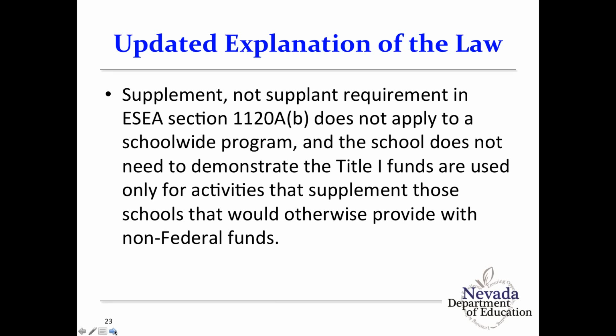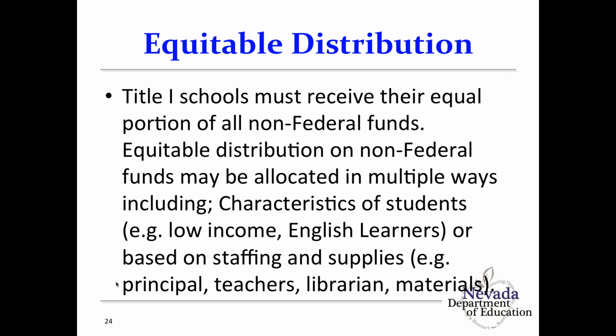So the next slide is about the equitable distribution of funds. Just to make that clear, Title I schools must receive their equal portion of all non-federal funds. Equitable distribution of non-federal funds may be allocated in multiple ways, including the characteristics of students, either low income or English language learners, or based on staffing and supplies.